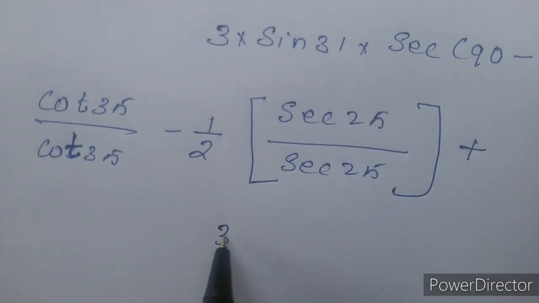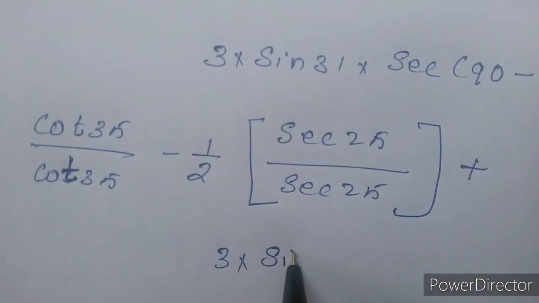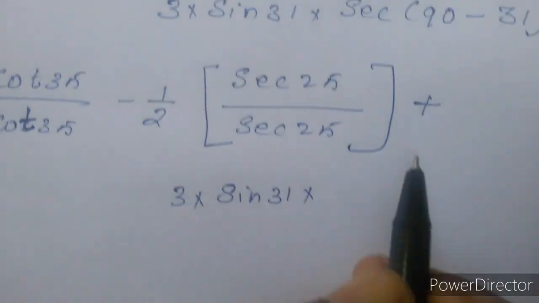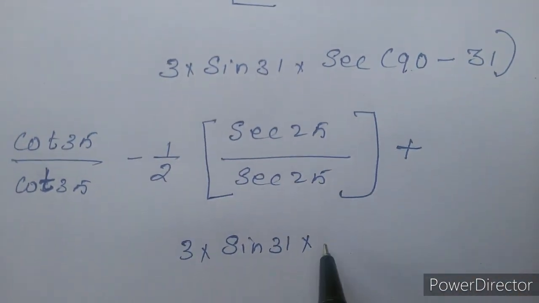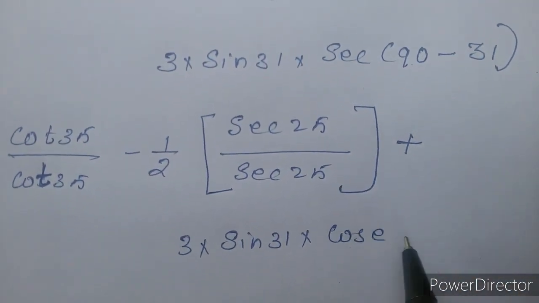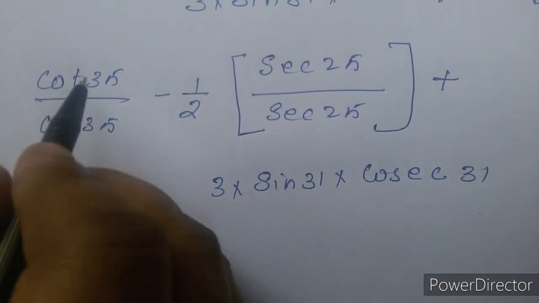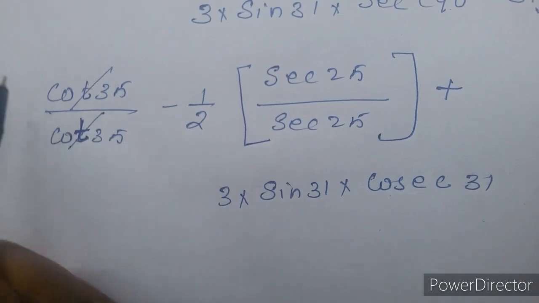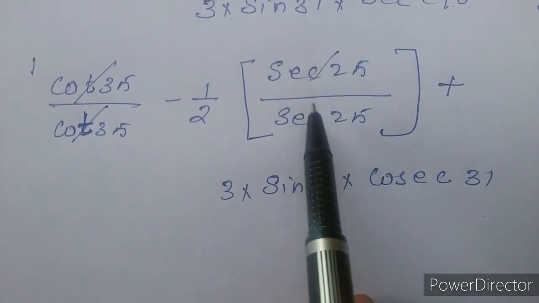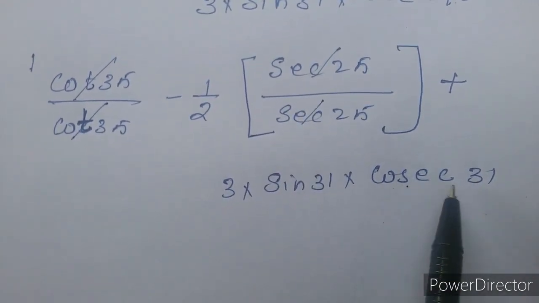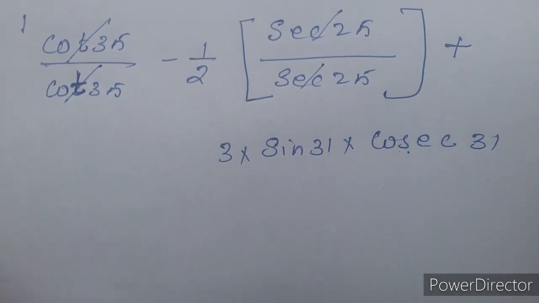Plus 3 into sin 31 into sec 90 minus 31, and sec 90 minus theta equal to cosec theta, therefore cosec 31. Again here we can cancel. Cosec theta means 1 by sin theta.